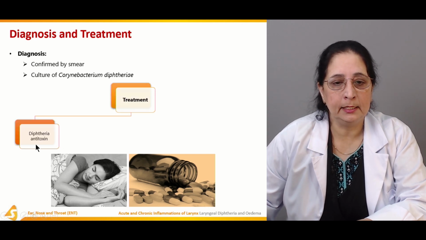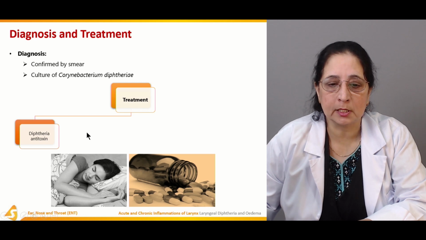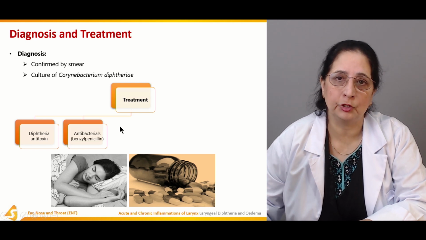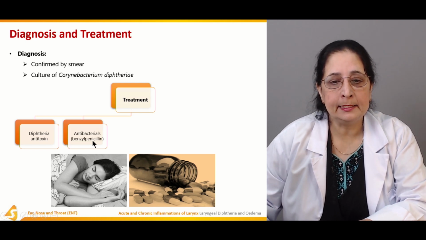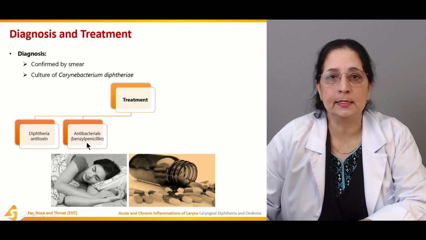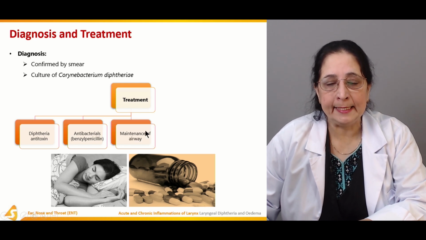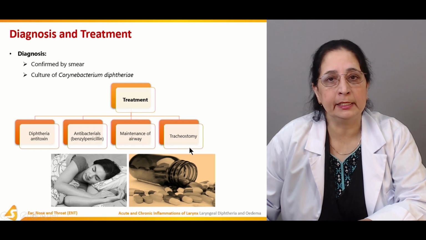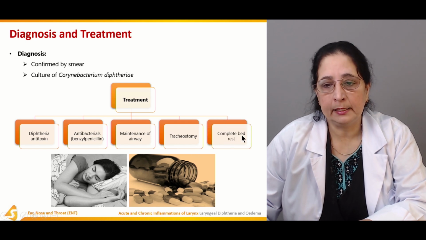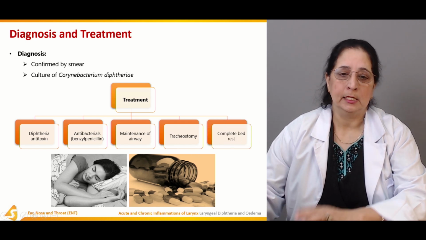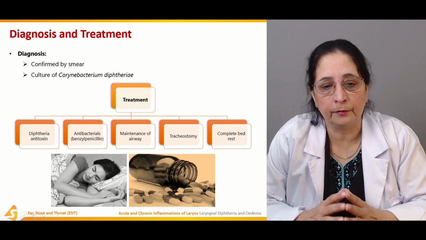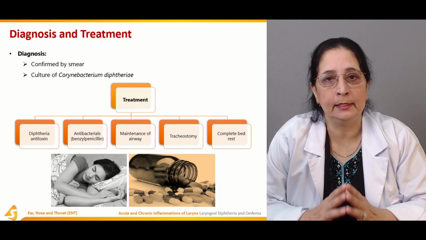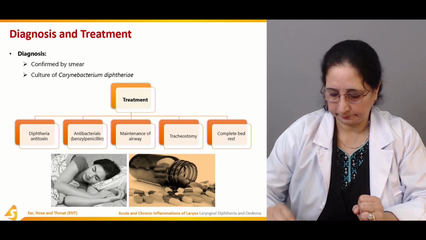Treatment is the diphtheria antitoxin to destroy the exotoxin produced, antibiotics like benzyl penicillin, maintenance of the airway, tracheostomy, and complete bed rest. These are some treatment options for the patient with diphtheria.